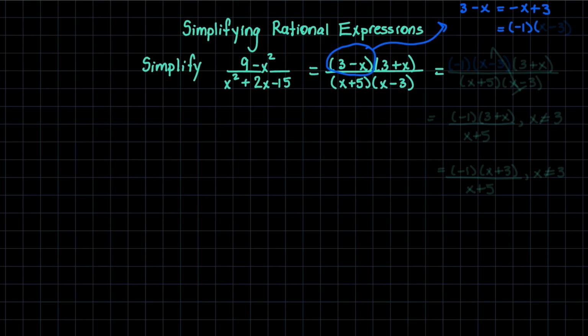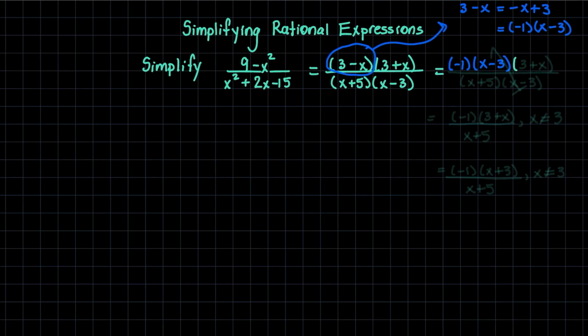If we factor or divide a -1 out, everything just becomes the opposite. So -x becomes +x, +3 becomes -3. So that 3 minus x can be rewritten as -1 times (x minus 3).